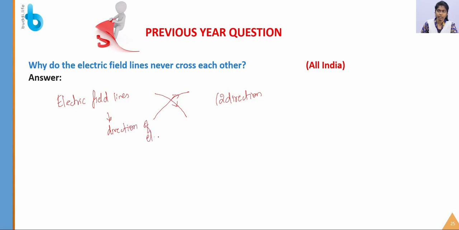So the electric field lines have a single direction and never intersect each other. Two lines may get close to each other, but they cannot intersect. Okay, let's take the next question.